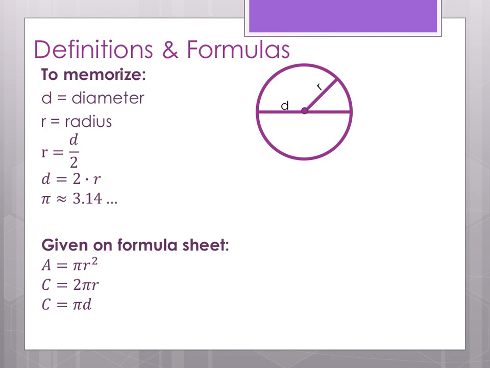And then lastly, we have this Greek letter called pi, and that's spelled P-I. And pi, when we're dealing with geometry, is a known ratio. It's a non-terminating decimal, which means it goes on forever, but we're going to approximate it to 3.14.